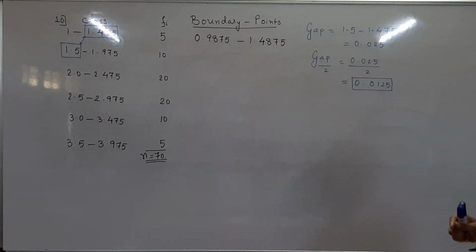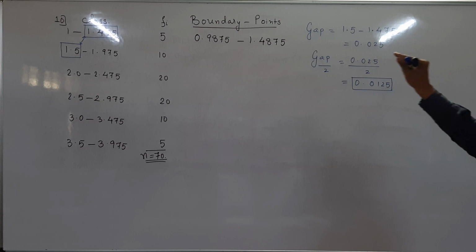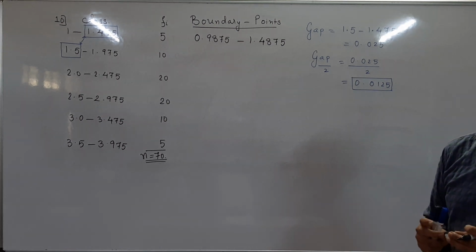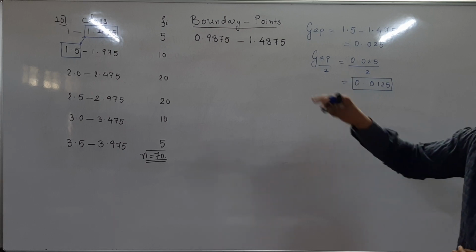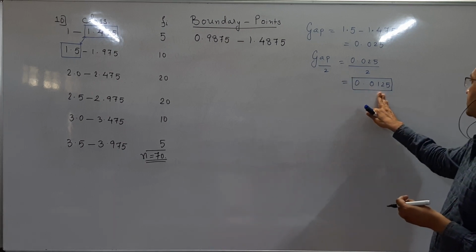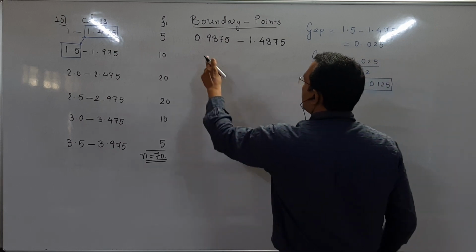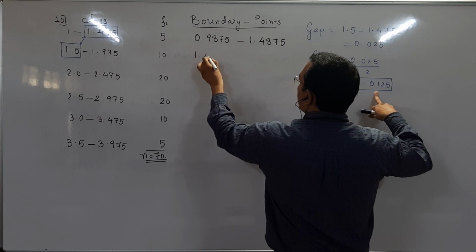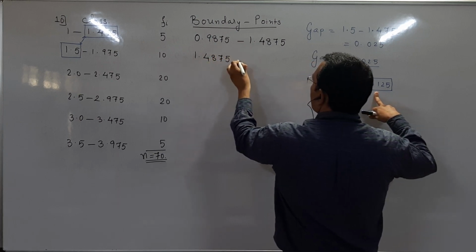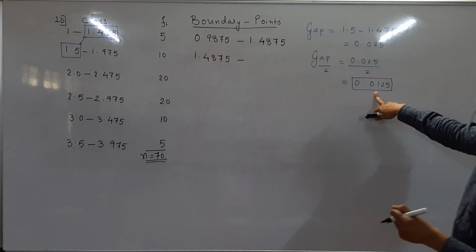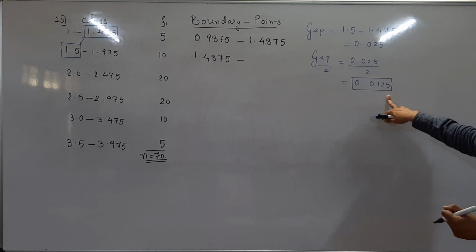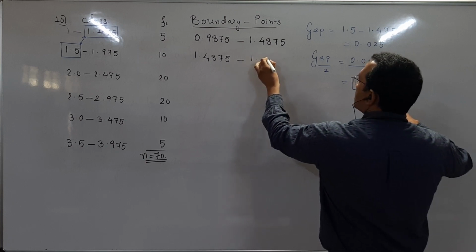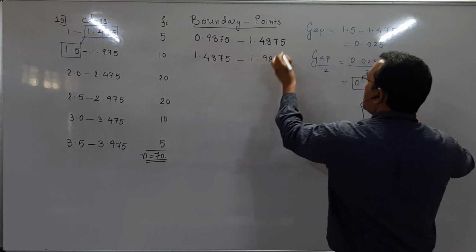Same way, from 1.5 subtract half of the gap, 1.5 minus 0.0125, so 1.4875. And add 0.0125 to 1.975, you will get 1.9875.